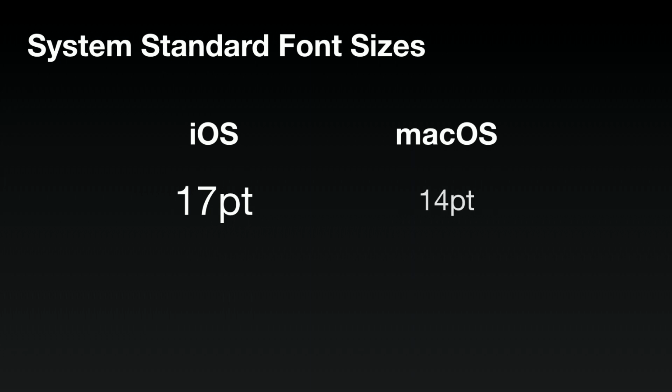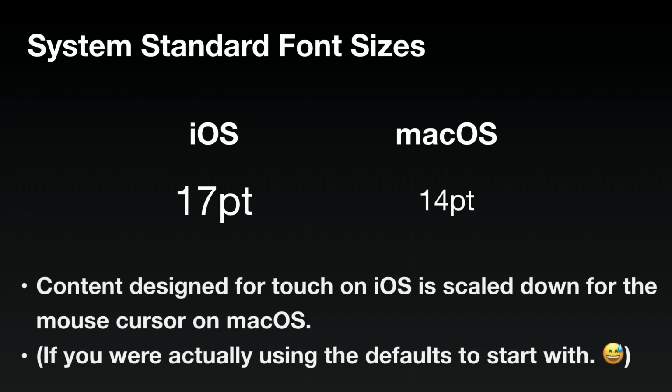As a result, the default label size on macOS is 14 points. So Mac Catalyst, without you doing anything, automatically scales your content down by 77% from how it would appear on an iOS device, so that if you designed everything at 17 points, it'll look native at 14 points on macOS.